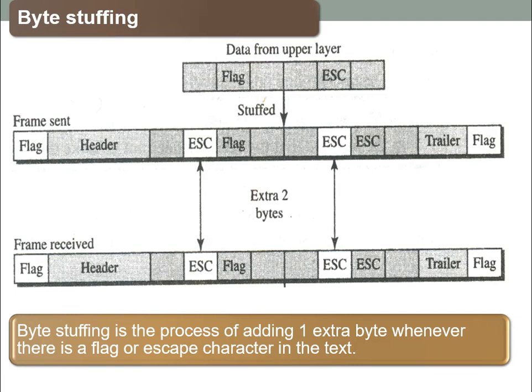Byte stuffing is the process of adding one extra byte whenever there is a flag or an escape character in the text. The flag and escape character are nothing but the starting delimiter and the ending delimiter. For example, take the data ATME College of Engineering.